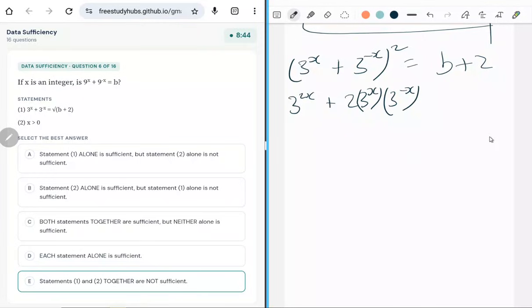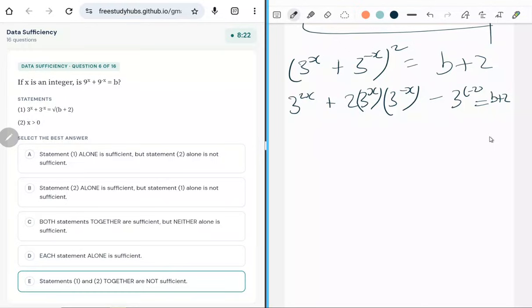Okay, that will be the middle one, and the last one is going to be 3 to the power minus 2s, or minus 2s, 3 minus this, and this is still b plus 2.